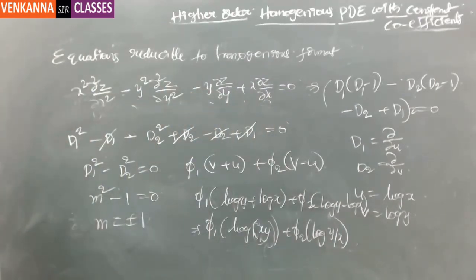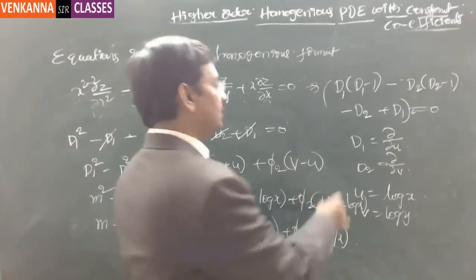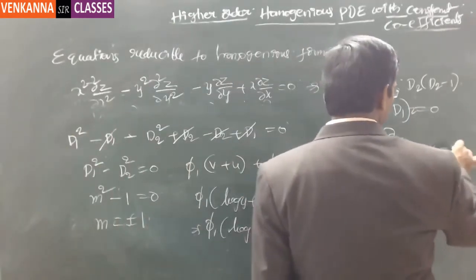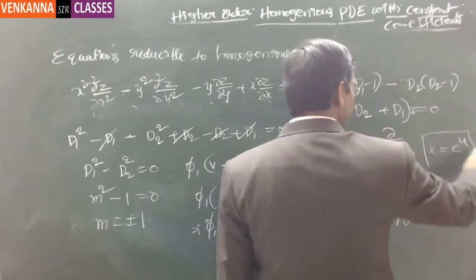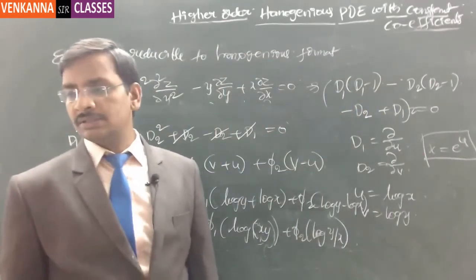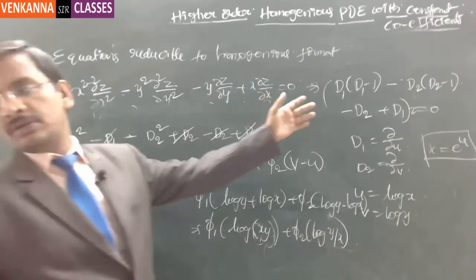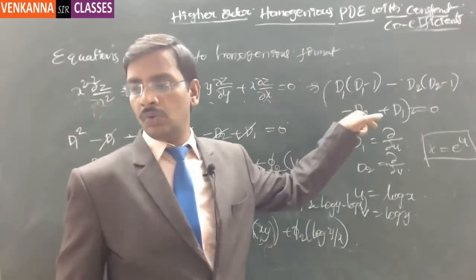Got it or not? So the same methodology that we adopt in the case of ordinary differential equations, we have just replaced x equal to e power u. That is what we substituted. So from this, if you take the derivative of z, dou z by dou x, you can replace it as D into D minus 1, where D is dou by dou u.